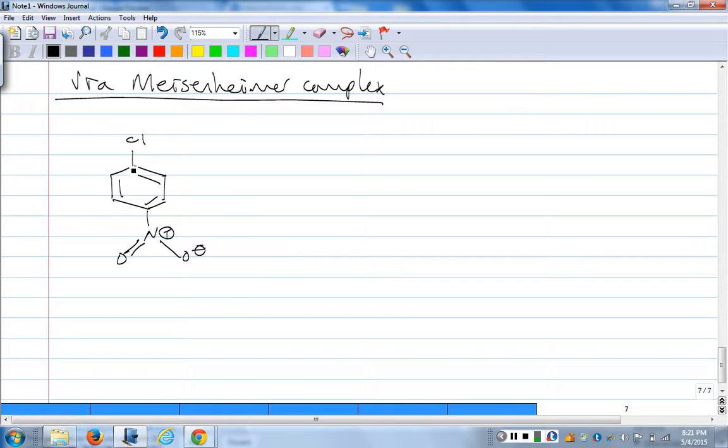So I need a good leaving group, chlorine, bromine, iodine, and a strong electron withdrawing group, one that does it by resonance, ortho or para to the leaving group. When I treat this with, let's say, aqueous hydroxide, notice it's not molten this time, even if I were to put a label on this carbon, what I get as my product is this species.